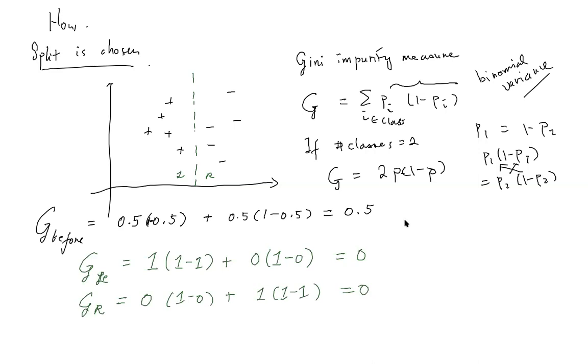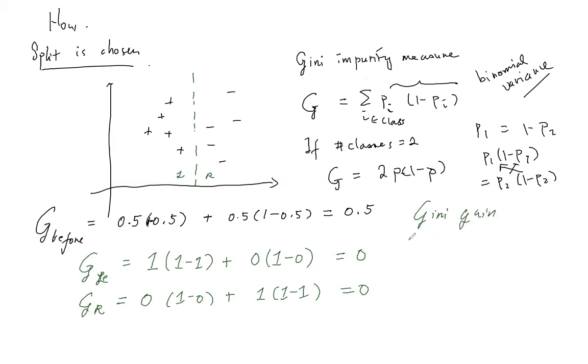And then finally, you have the Gini index, right? The Gini index is basically you have the left and right, okay? Well, actually, I don't need this, okay? At the end, I just need to know the gain, the Gini gain.